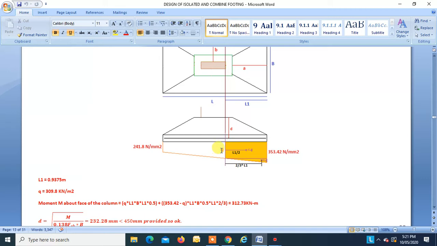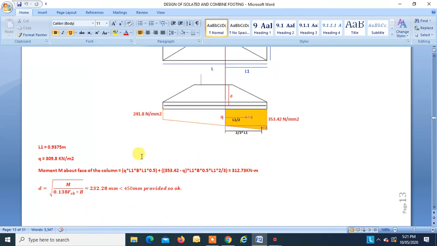Once you know this Q and Q max, you can find the bending moment due to this upward soil pressure at this section, which is at the face of the column. You can just divide this trapezoidal upward soil pressure diagram into two parts, one rectangular and another triangular. So let us find the moment about this section.